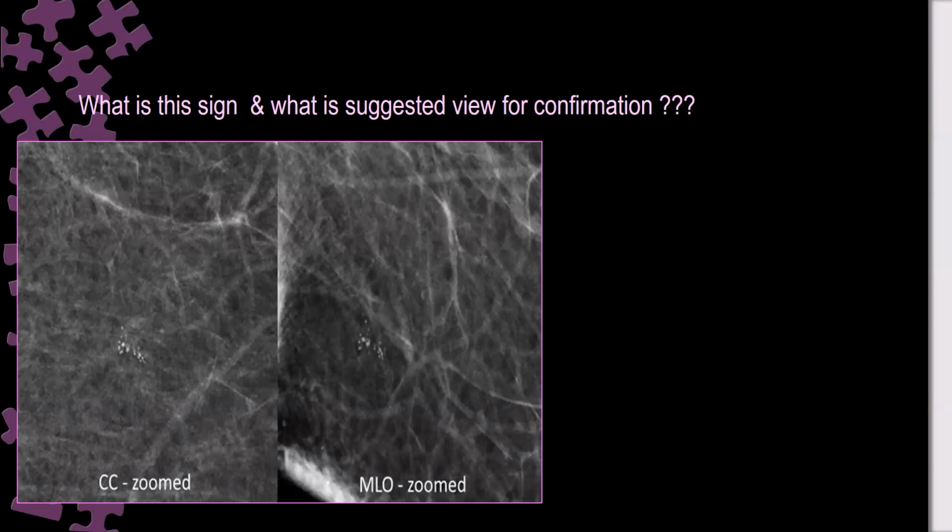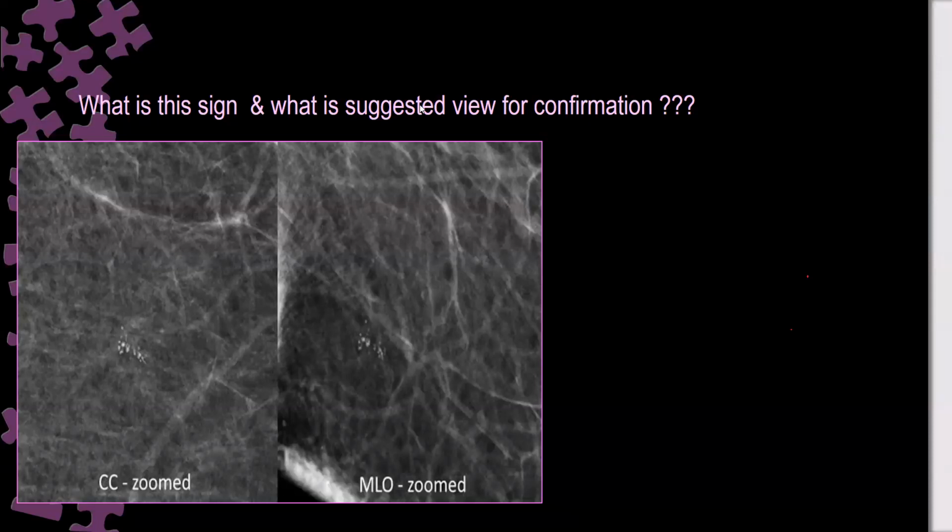Does it look the same or any difference between this group of calcifications? Same. Excellent. Same. When you have parenchymal lesions, parenchymal calcifications, what do you expect when you move the breast from one direction to the other directions?